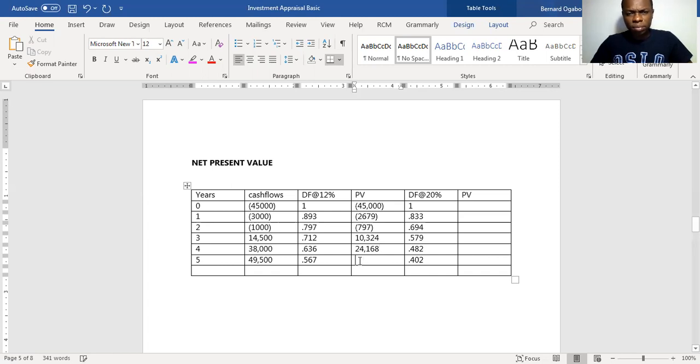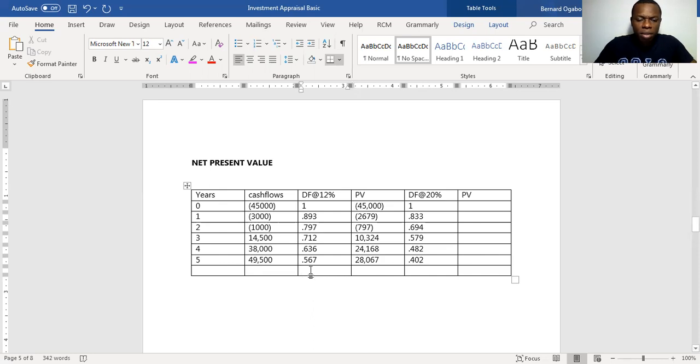I have 49,500. 49,500 multiplied by 0.567 gives me 28,067. How do I get my net present value?